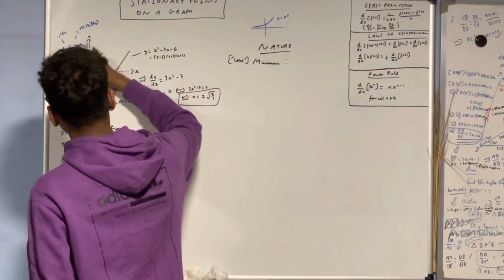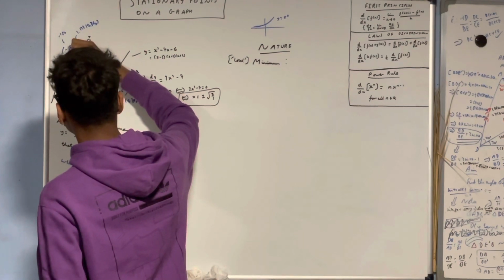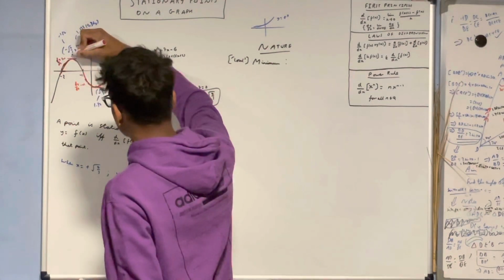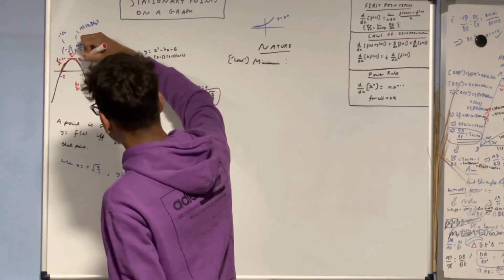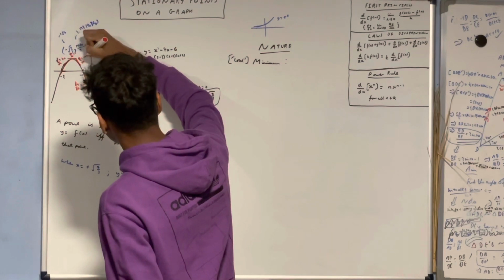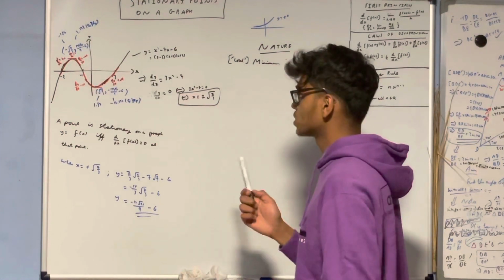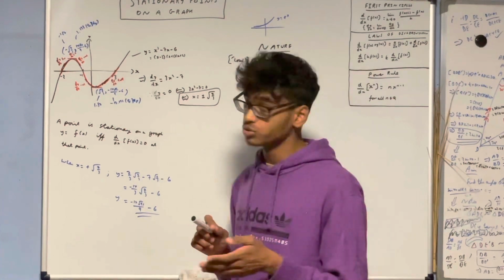Here dy by dx is positive, right? Because the gradient is positive. But then we get to a point dy by dx equals 0, and then here dy by dx is negative. So how can we use differentiation to work out whether the graph is a maximum or a minimum at those points without drawing the graph out?